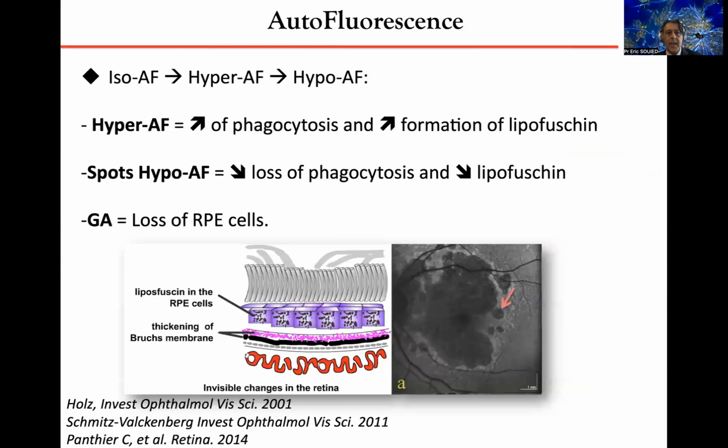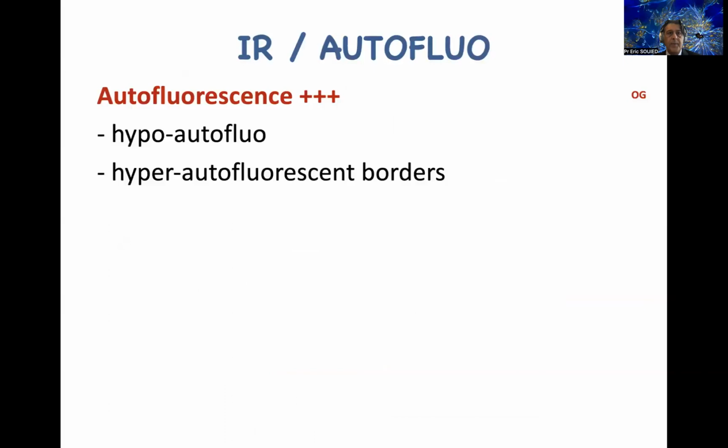There are several steps. First, a hyperfluorescence linked to an increase of phagocytosis and increased formation of lipofuscin. Secondarily, spots of hypoautofluorescence because of a loss of phagocytosis and loss of lipofuscin. And then there is GA because of a loss of RPE cells.